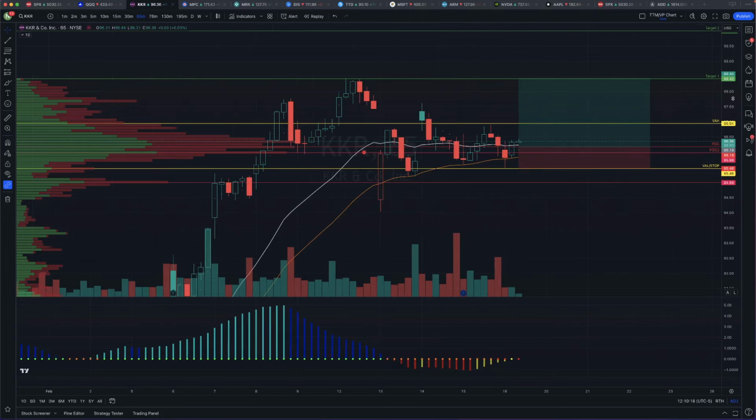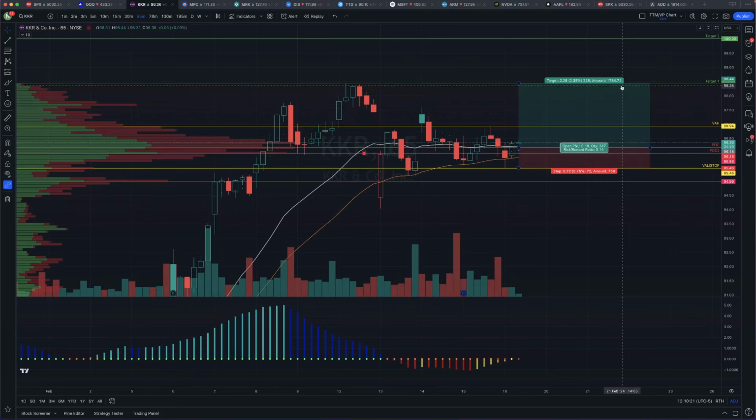Generally I would take half to 2/3, half to 3/4 off at target number 1, and I'd leave that trailer on for target number 2. But usually I want to take off half to more than half at my first target. And then once that happens, I move my stop up to break even, right?